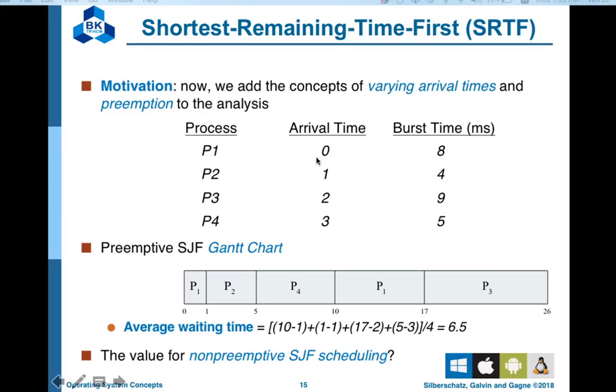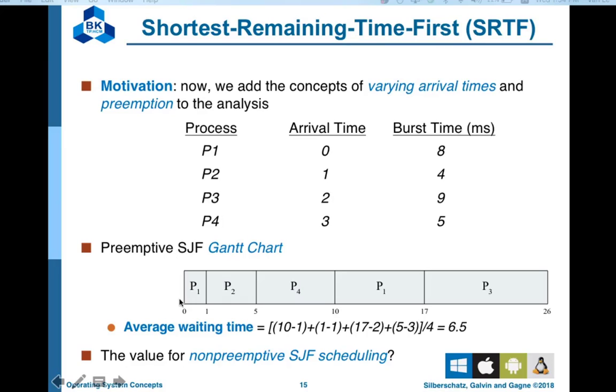So at 0, there is only P1 in the ready queue. P2 appears in the ready queue at 1. P3 appears at 2. And P4 appears at 3.